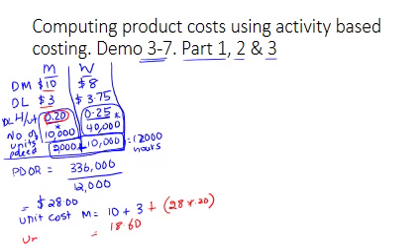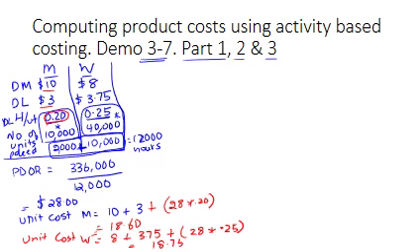Now the unit cost of W is going to be 8 plus 3.75 plus 28 times 0.25, and this equals 18.75. So this is according to the conventional costing system.